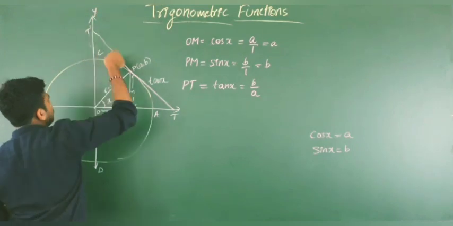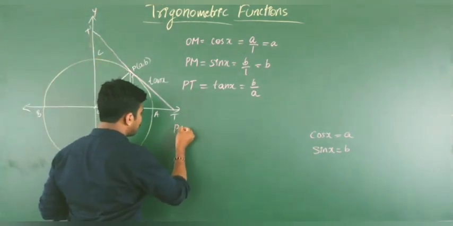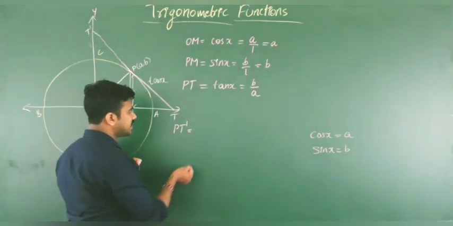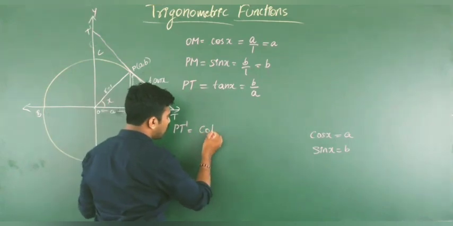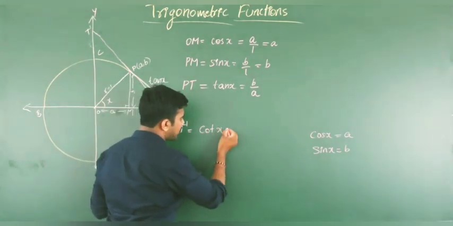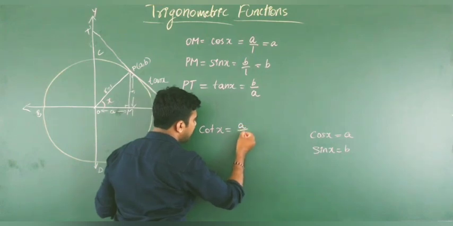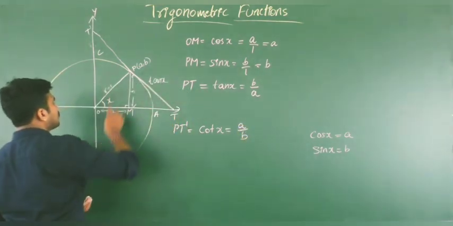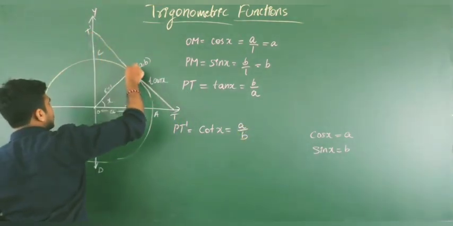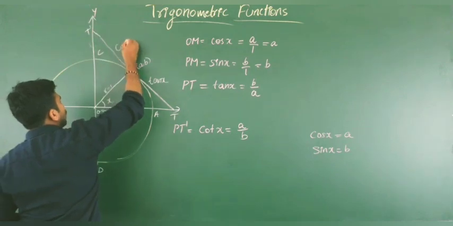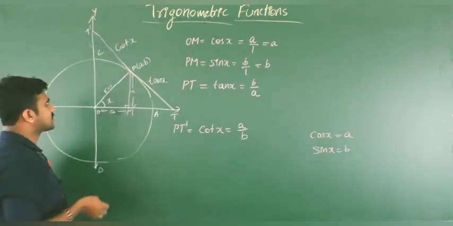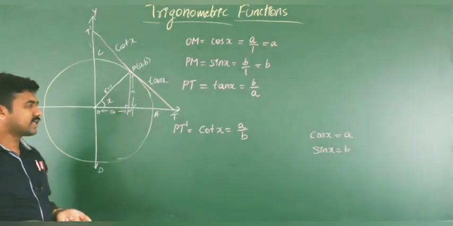So PT dash is the cotangent, cot x, and this is nothing but A by B. So the length of this line segment PT dash is cot x. PT is tan x, PT dash is equal to cot x.